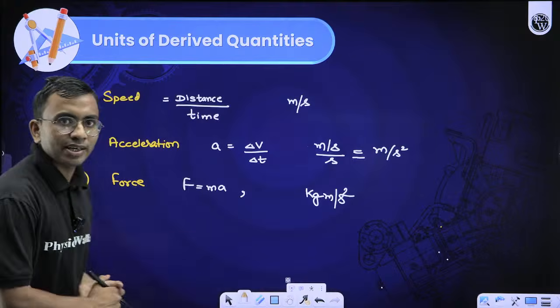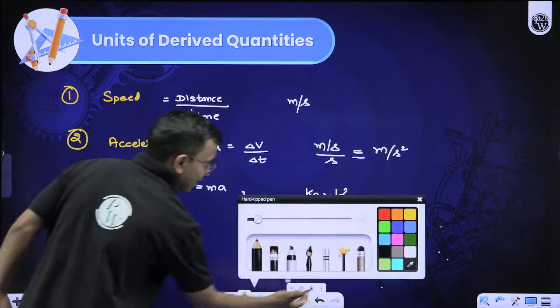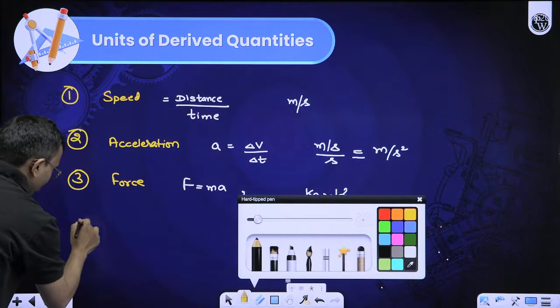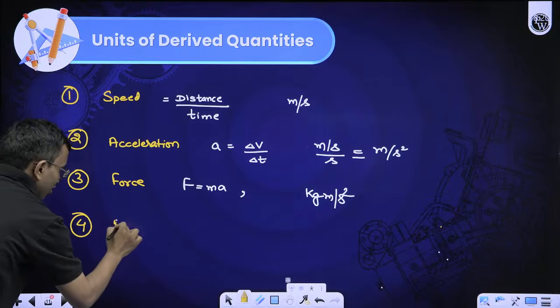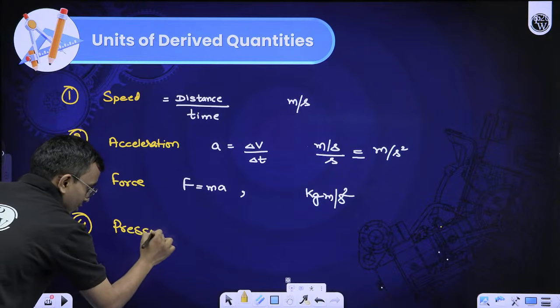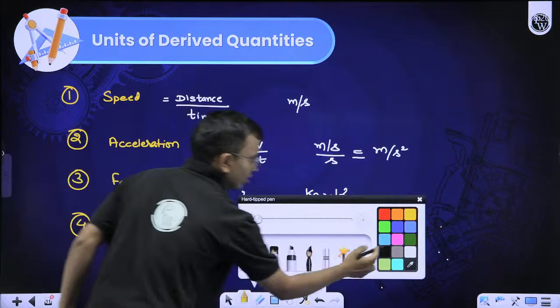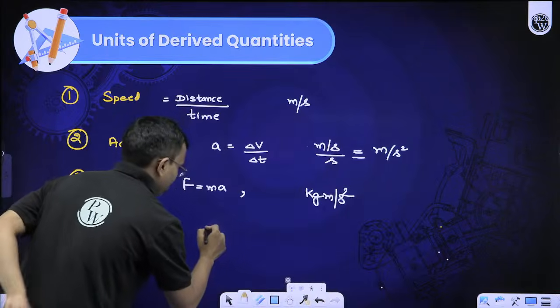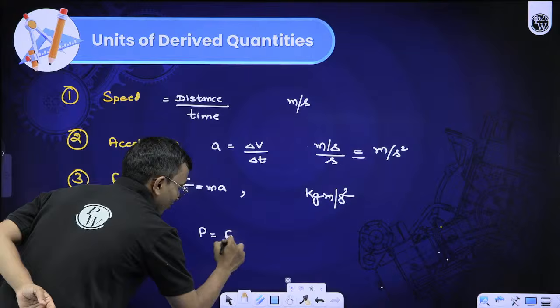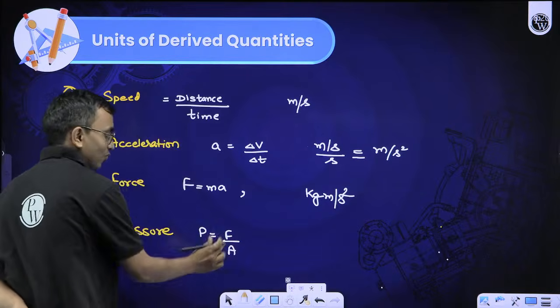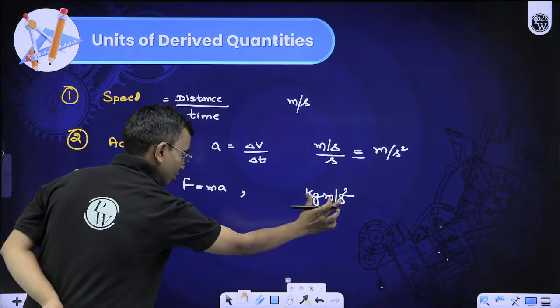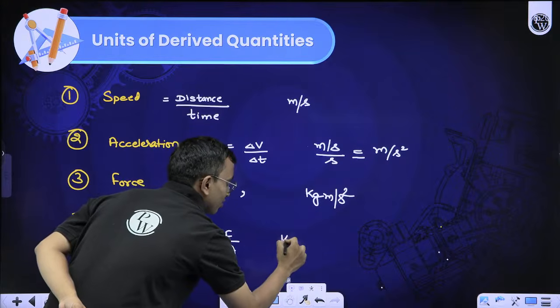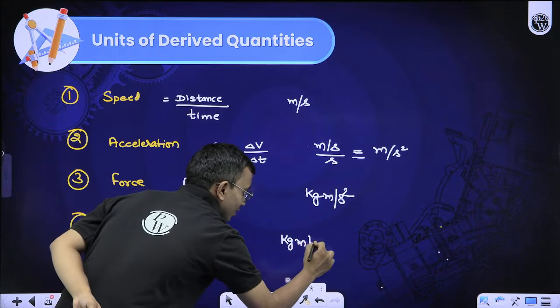Then let us take another physical quantity. You may take pressure. What is pressure? Pressure is force divided by area. Now the force unit I already wrote, that is kg meter per second square.